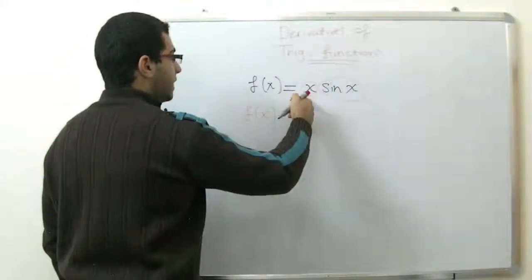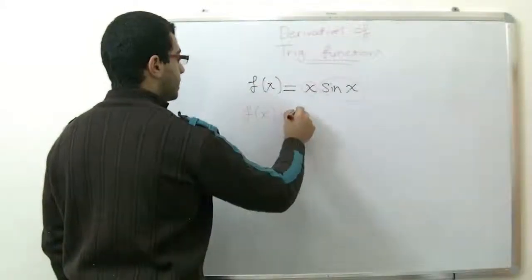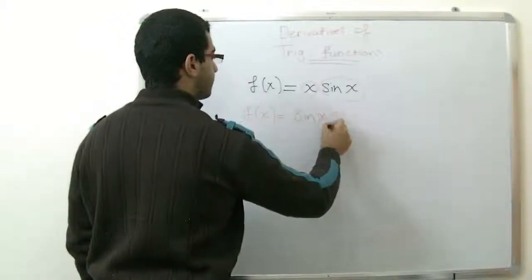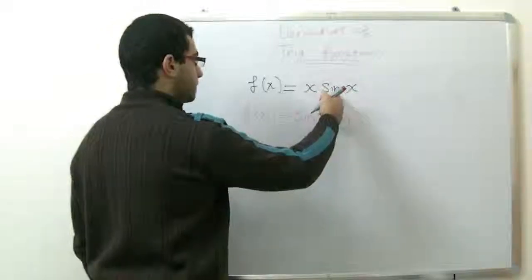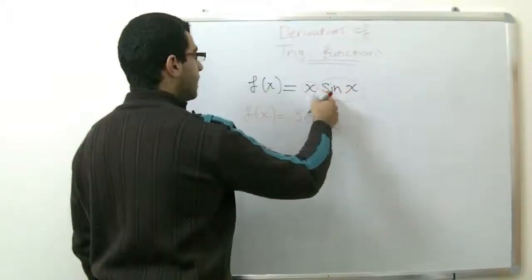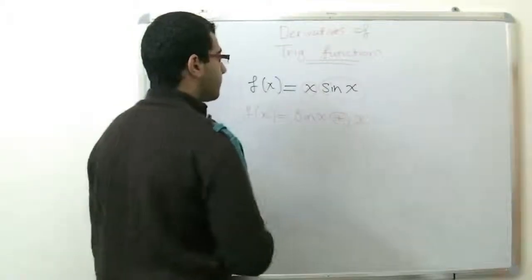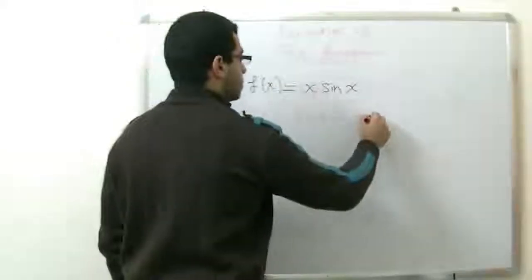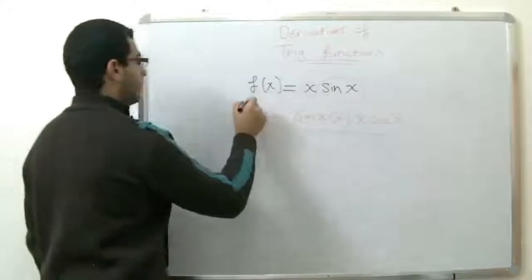So the derivative of x is 1. 1 multiplied by sine x gives sine x. Plus, get the derivative of the second and drop the first as it is. So we'll drop the x, and the derivative of sine x, as we just mentioned, is cosine x. So this is the derivative of our function.